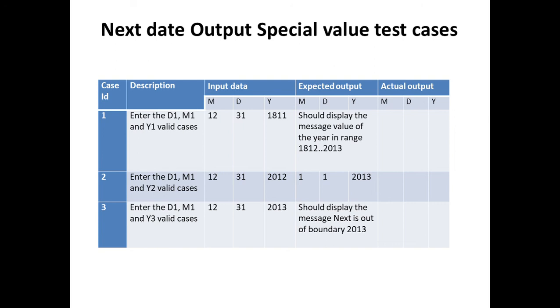So these are the different special cases. If you give valid cases also, you will get some alert or notification kind of message. It should display saying that the values are valid, but in our program it is considered as invalid. Thank you.